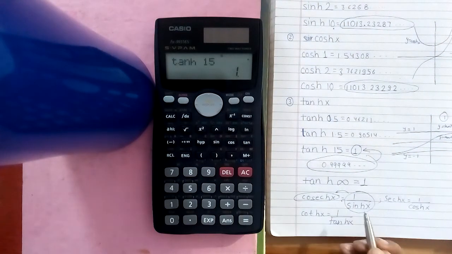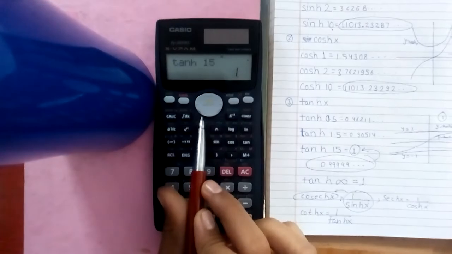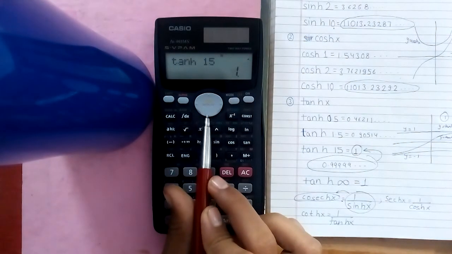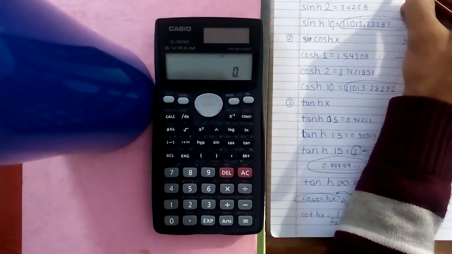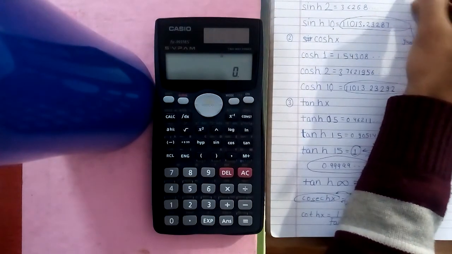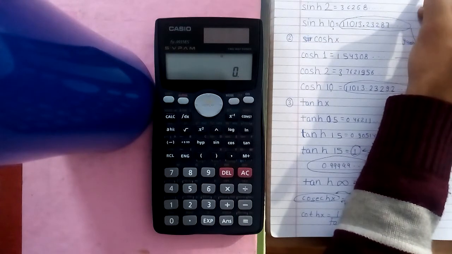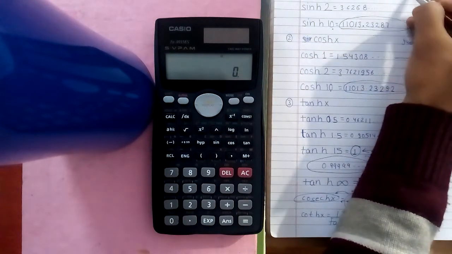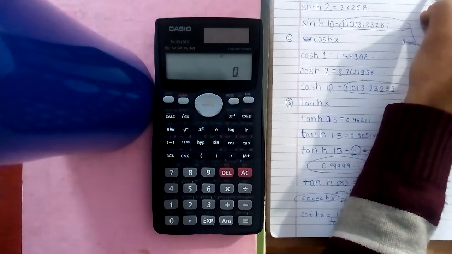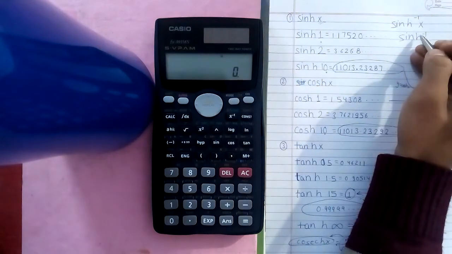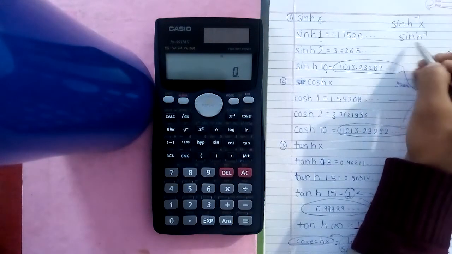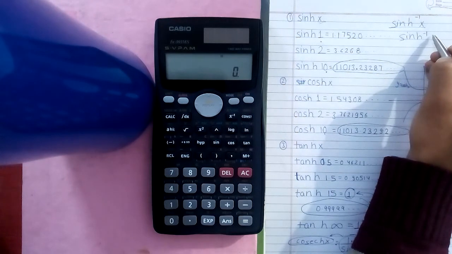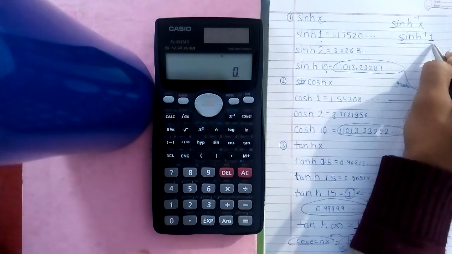You can also find the inverse using the calculator. It is just the same with a minor difference in what you'll have to type. For example, if you want the value of sinh inverse 1, then what you will write?